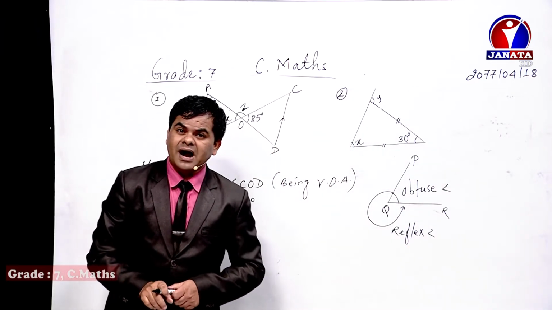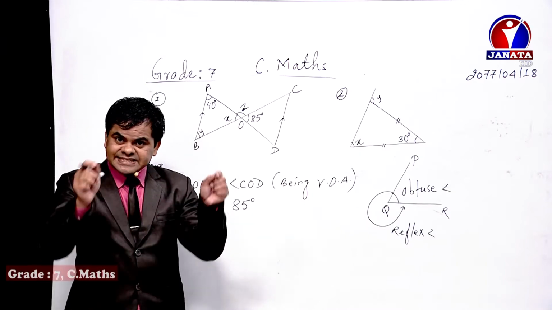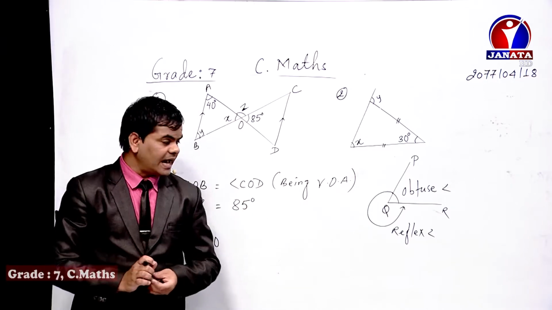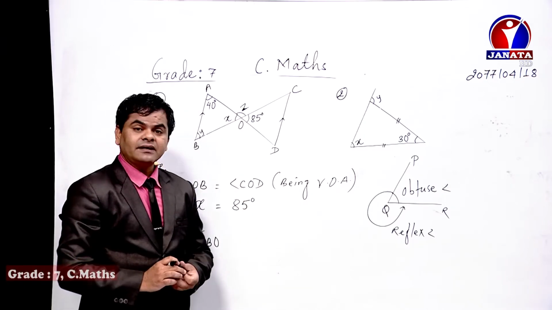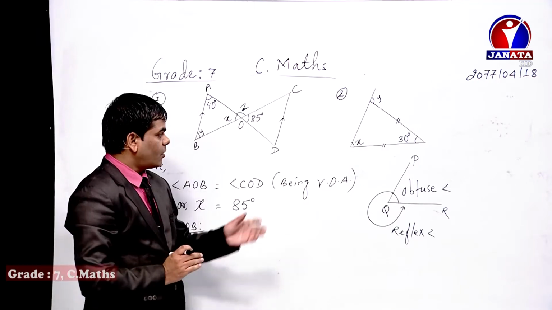The part of the angle which covers the major area in 360 degrees from angles at a point is known as the reflex angle, and the remaining minor part is known as the obtuse angle.